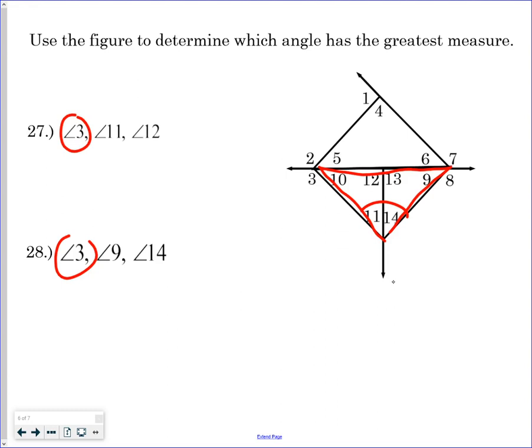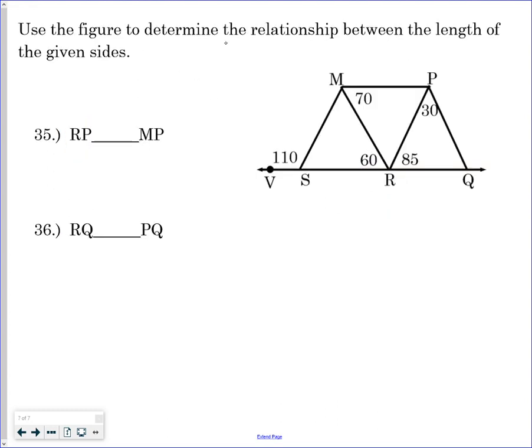Okay. All right, use the figure to determine the relationship between the length of the given sides. They want you to fill in this blank with less than or greater than or equal to or something like that, okay? So RP and MP. If you look, RP and MP are in this triangle here, right? RP is across from what degree? 70.